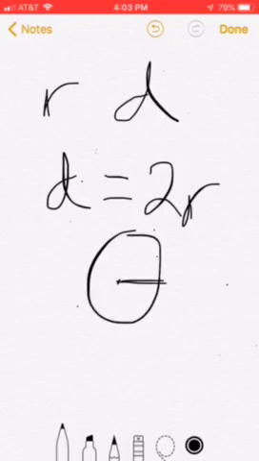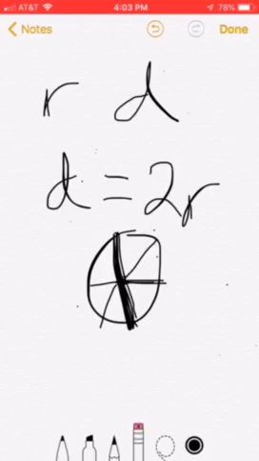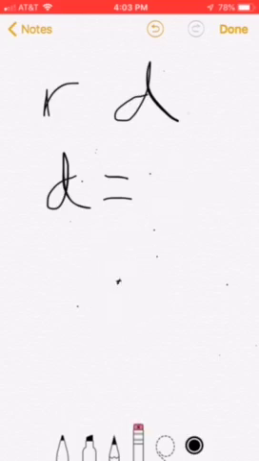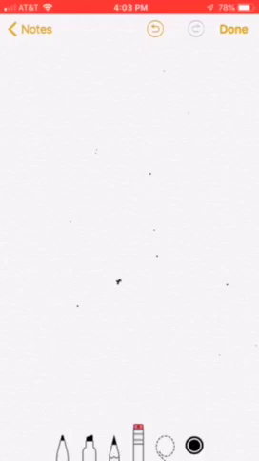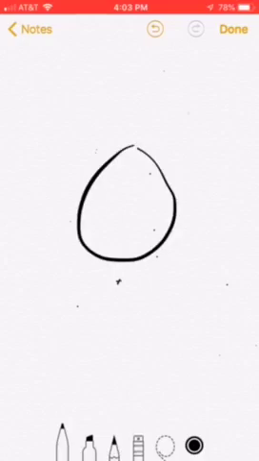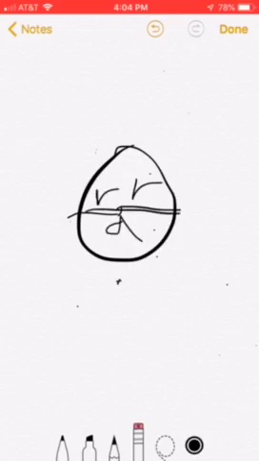A radius is basically a line from the center to any side of the circle. And the diameter is a line in the circle which touches the center. It has to touch the center. So basically, two radiuses, one radius and another radius, make a diameter.